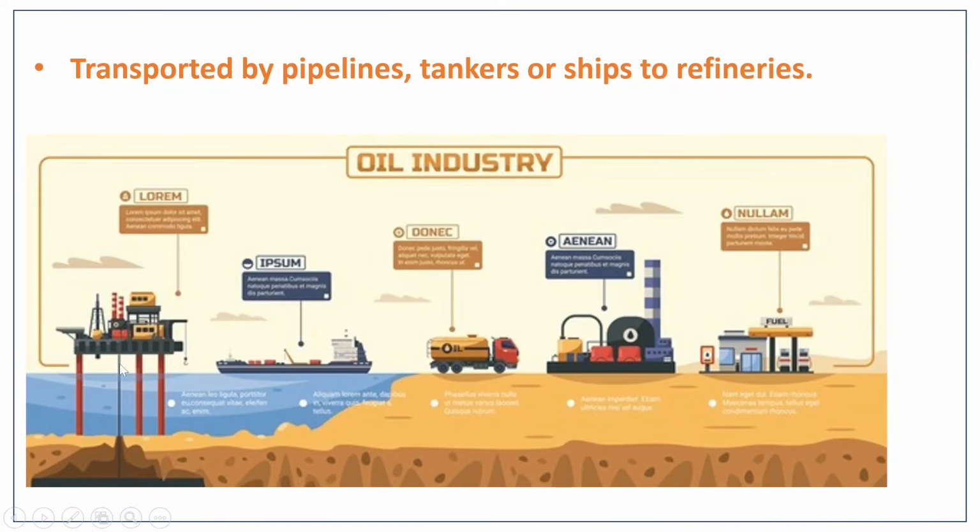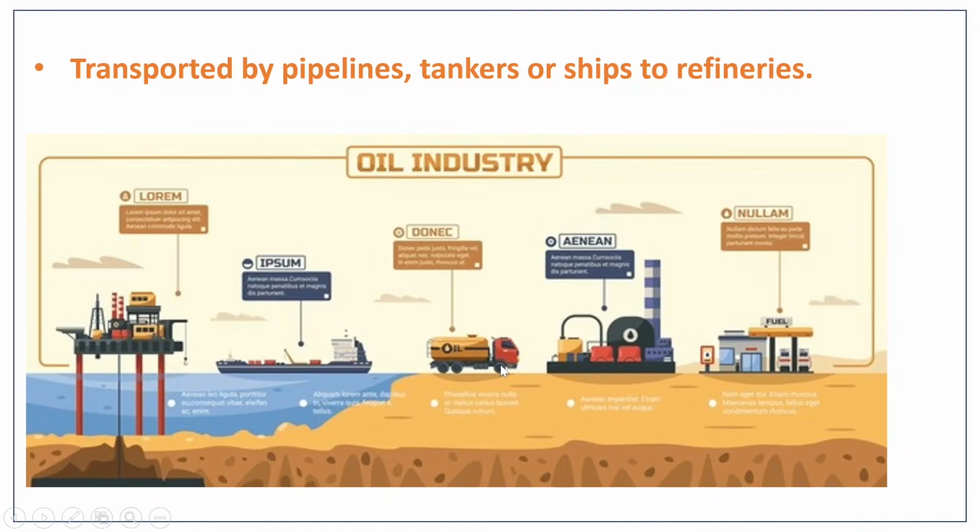So if this is the place where crude oil is extracted, it can be transported or refined just here. Here we can see that it is transported using ships. Here we are seeing a tanker that is being used to transport this crude oil to a different place where it can be refined. After refining, it is then taken to the places where it is sold.